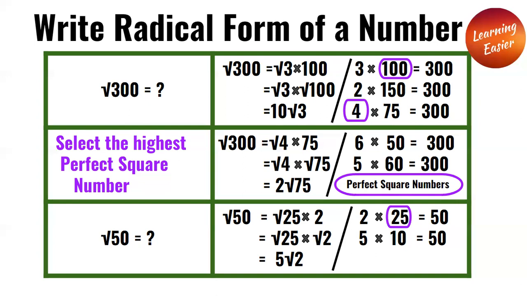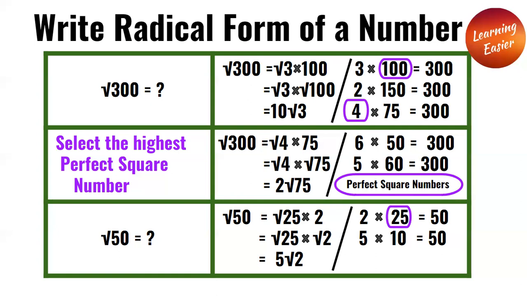The square root of 300 is equal to the square root of 3 times 100, which is equal to the square root of 3 times the square root of 100. Since we can't find the square root of 3, we can find the square root of 100, which is equal to 10. So the answer is 10 square root of 3.